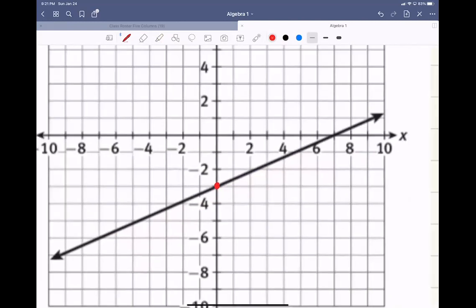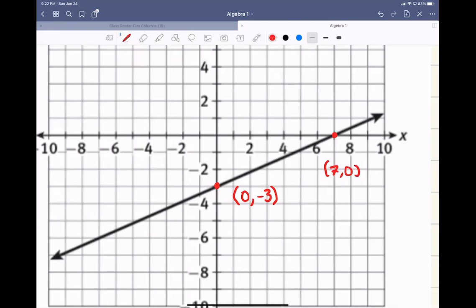Our x is 0, and our y is -1, -2, -3. So it's (0, -3). Now you're going to find the second point, and it has to cross perfectly again. You can find one right here, and this point is going to be 7 for our x value and 0 for our y value.